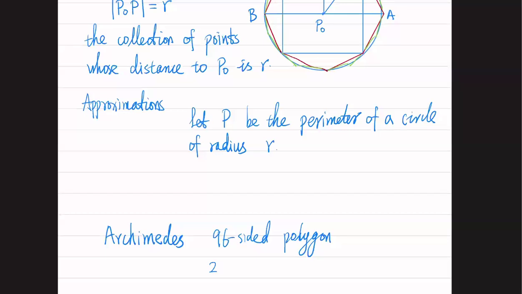The observation is the ratio of the perimeter over twice the radius, or the diameter. This is constant. It's the same for all circles. So we introduce this as pi.